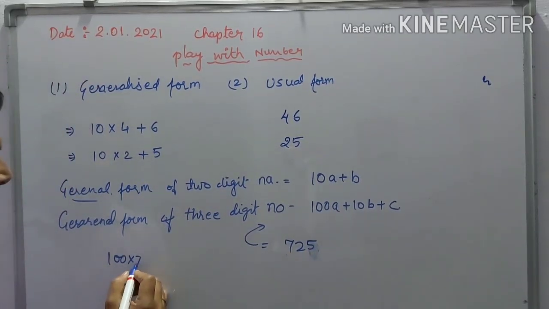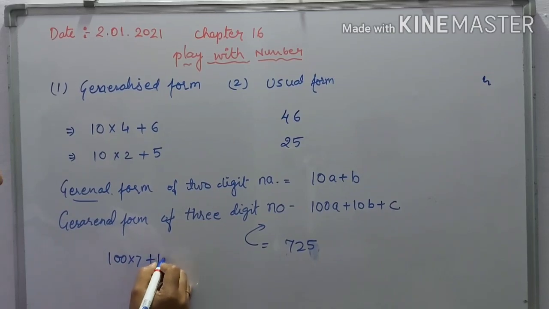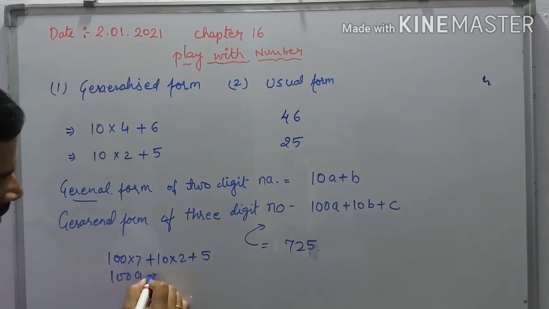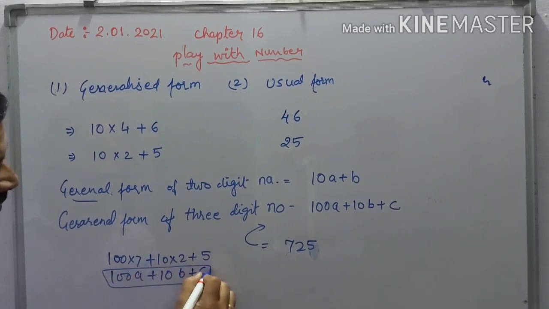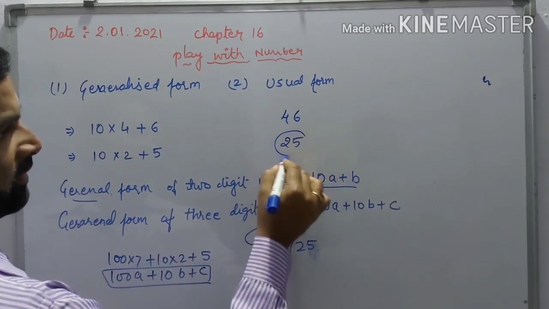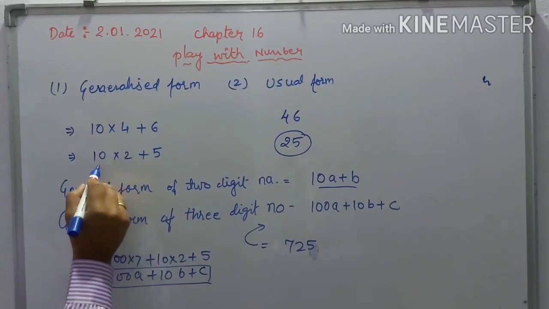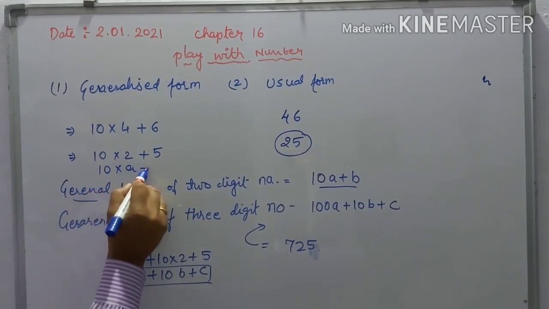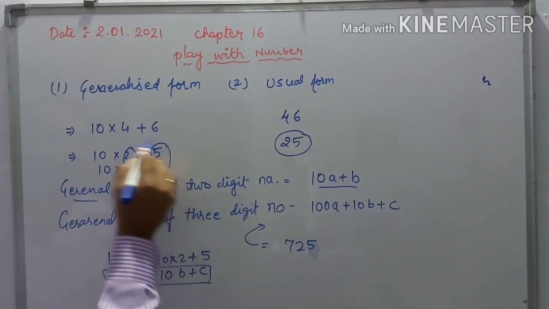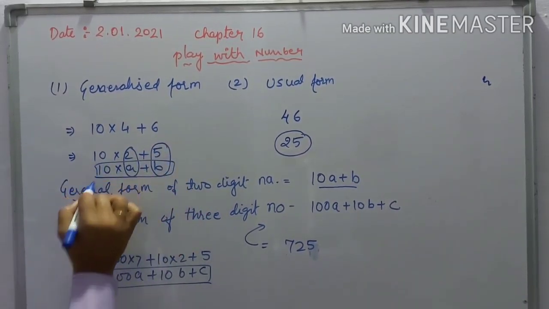So 100 into 7 plus 10 into 2 plus 5, which is the form of 100a plus 10b plus c. This is the general form of a 3-digit number. A 2-digit number, suppose 25, you write as 10 into a plus b, which means the value of a is 2 and the value of b is 5. So this is the generalized form of a 2-digit number.